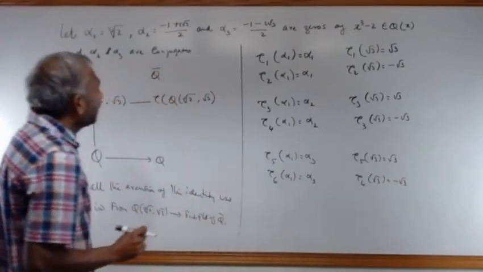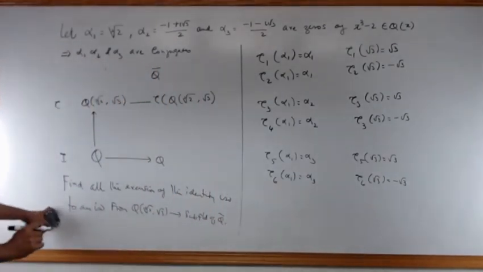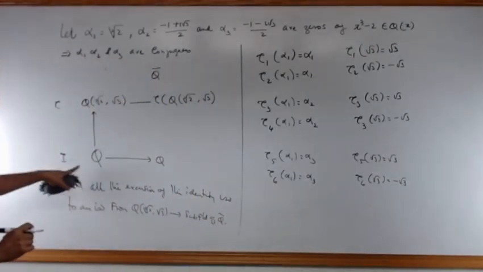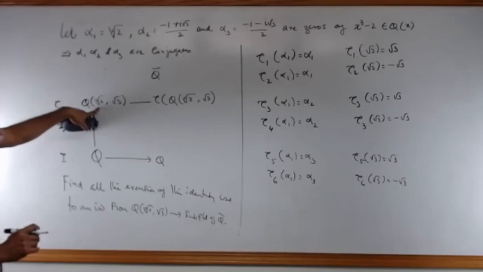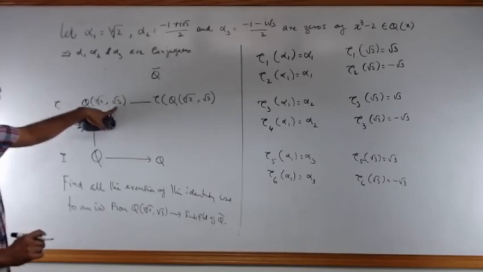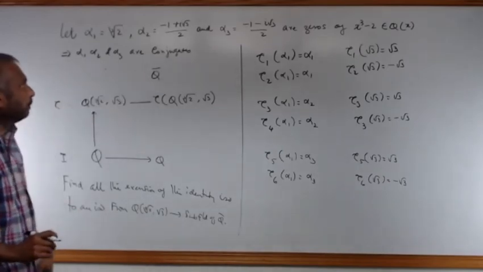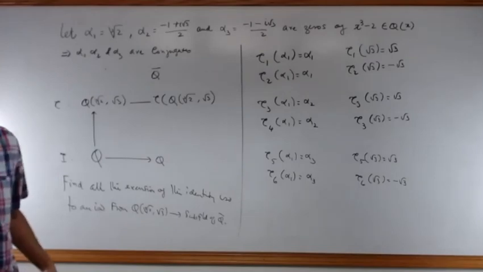So these are the 6 possible extensions of the identity map from Q to Q to an isomorphism from Q of cube root of 2 comma root 3 to a subfield of Q closure.